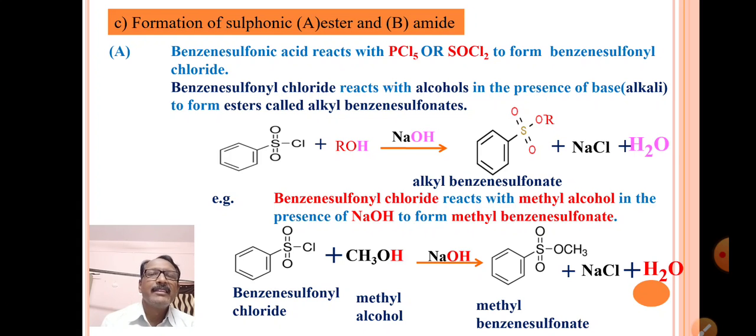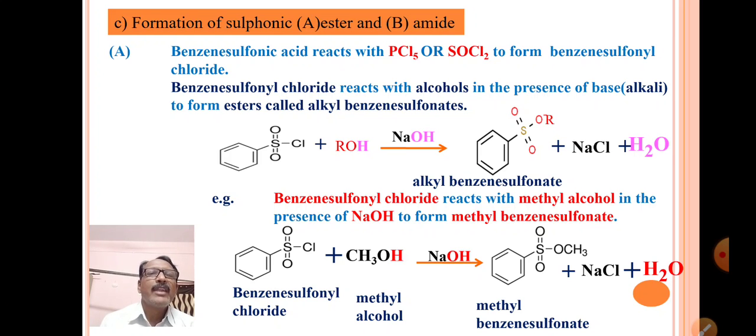The reaction given here is benzene sulfonyl chloride plus methyl alcohol, and there is formation of methyl benzene sulfonate. This is an example of ester formation. That means benzene sulfonic acids do not react directly with alcohol. Firstly, they form benzene sulfonyl chloride and then they react with alcohol.